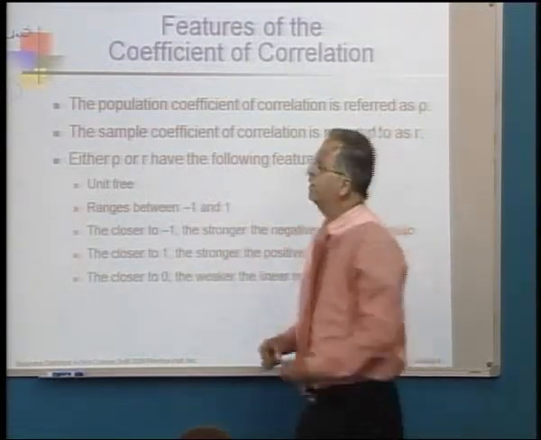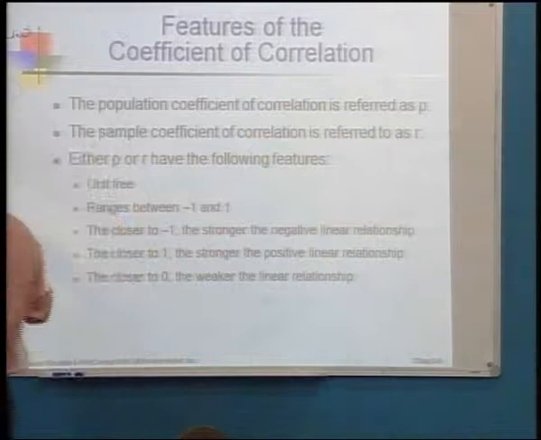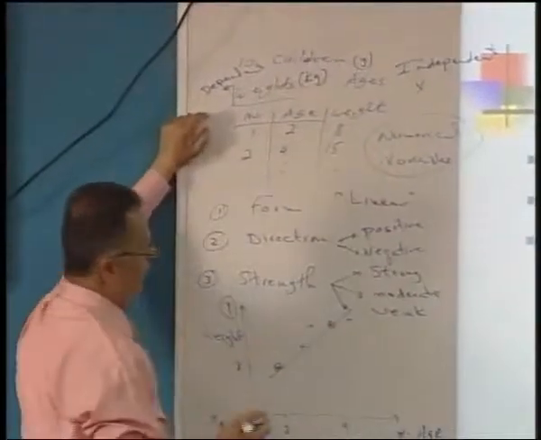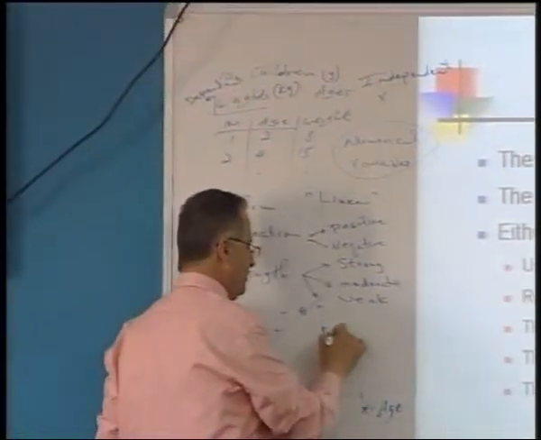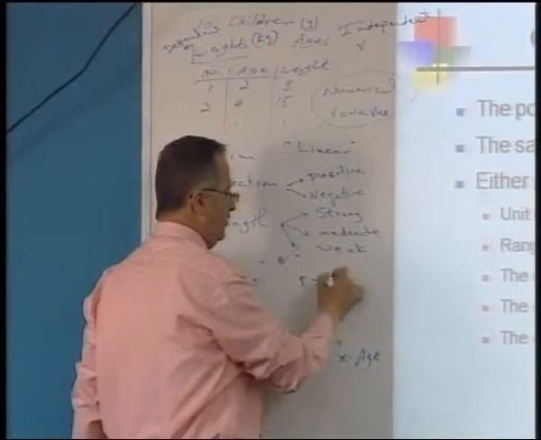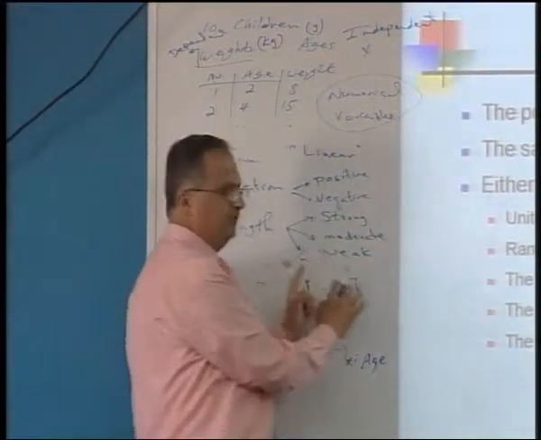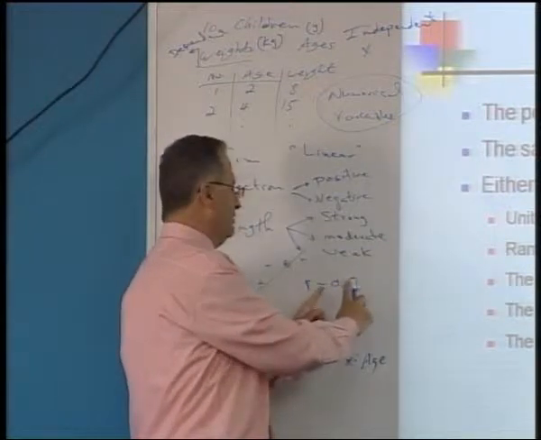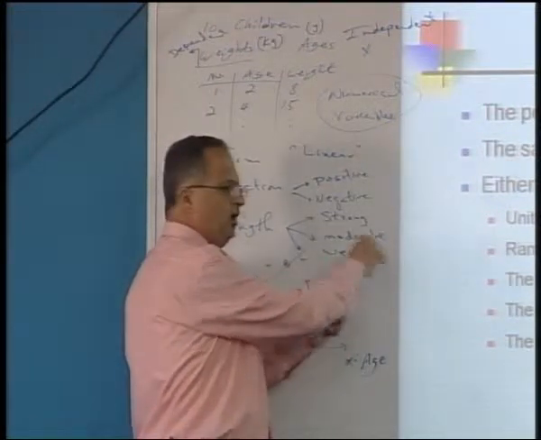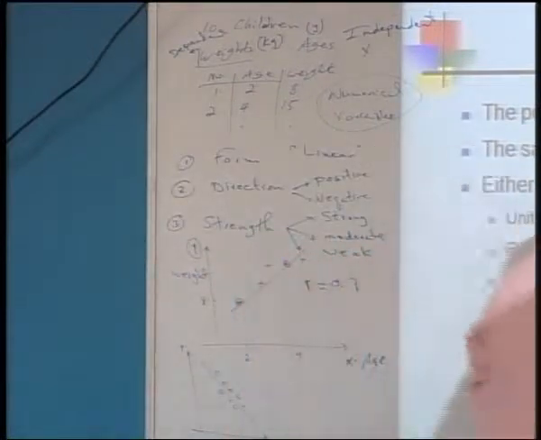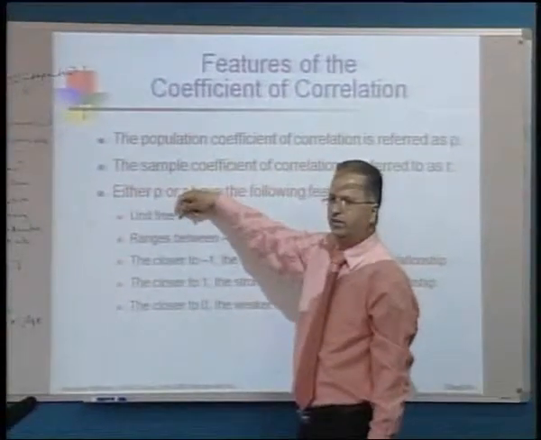For example, here we are talking about weights in kilograms and ages in years. Suppose the correlation between these two variables is 0.8. It's unity free, so it's just 0.8. So there is no unit. You cannot say 0.8 kilogram per year or whatever it is. So just 0.8. So the first feature of the correlation coefficient is unity free.